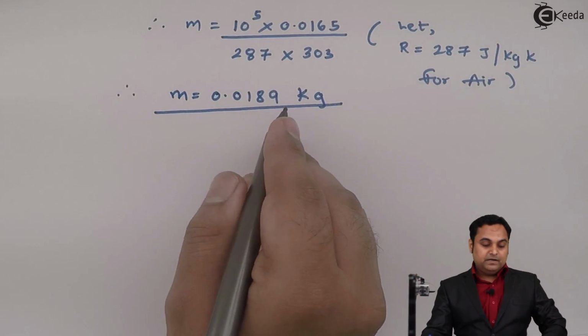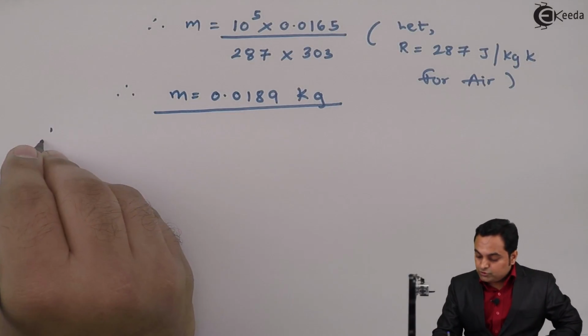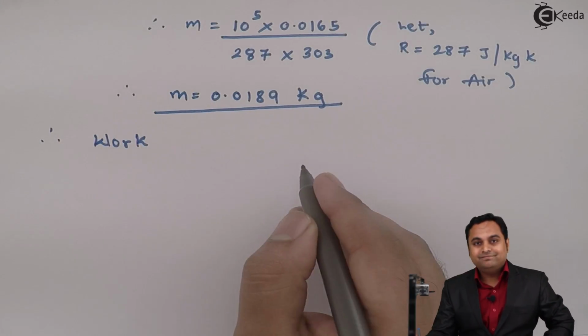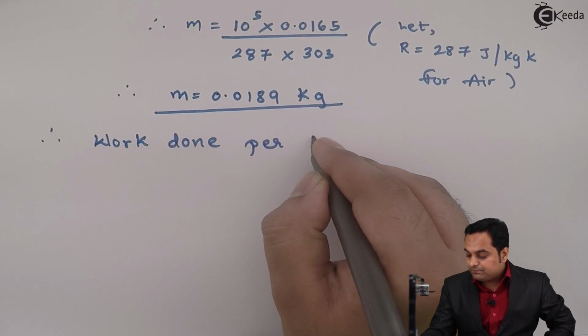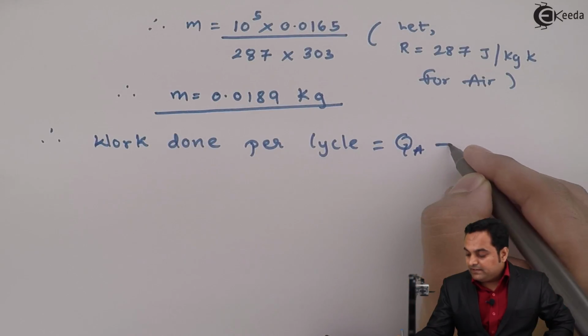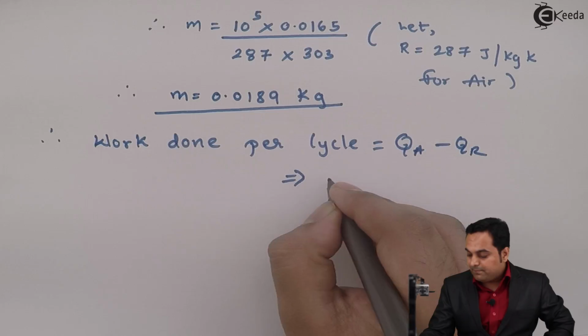Now after getting the mass, I can easily calculate the work done per cycle. Power developed is nothing but work done. So work done per cycle is equal to heat added minus heat rejected, multiplied by mass.